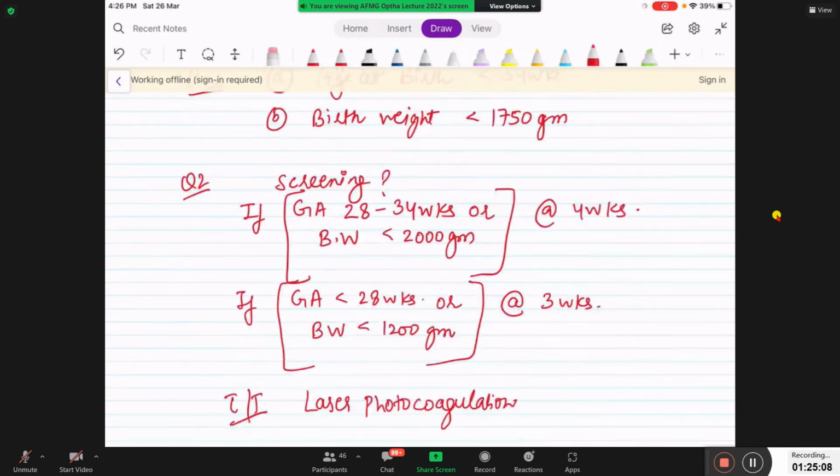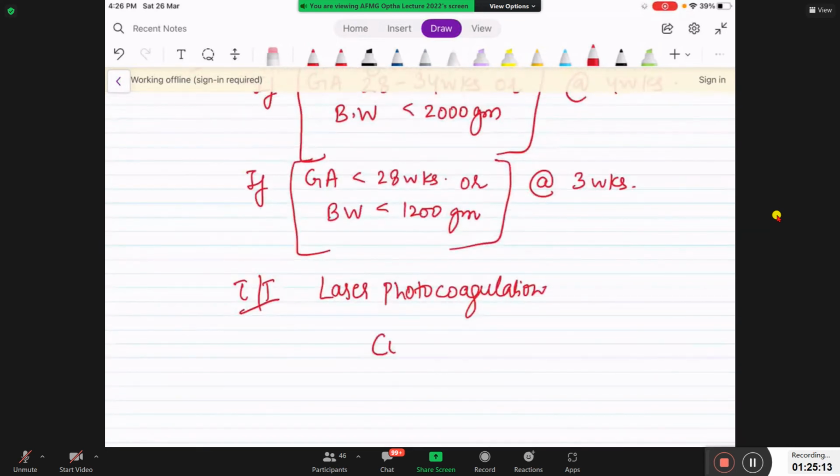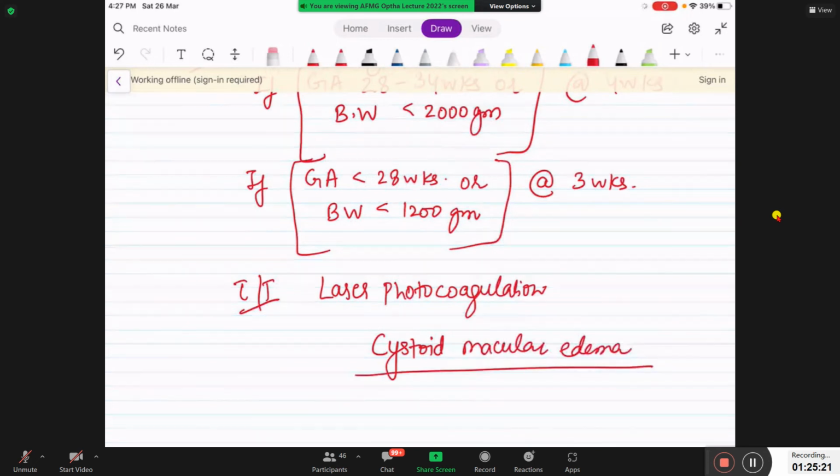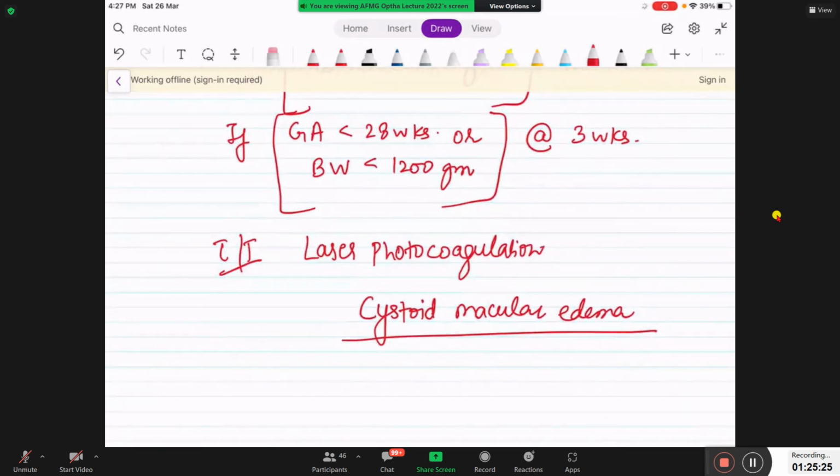Now write down the next topic: cystoid macular edema. Write down the risk factors of cystoid macular edema.